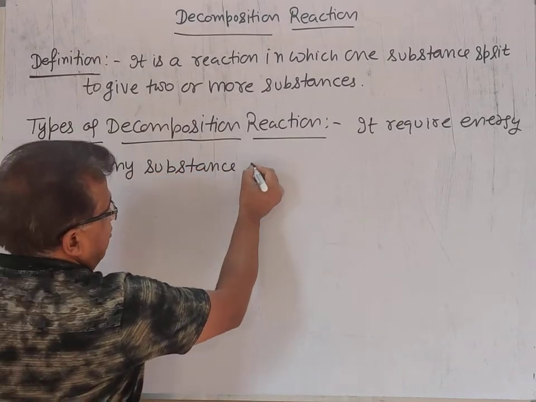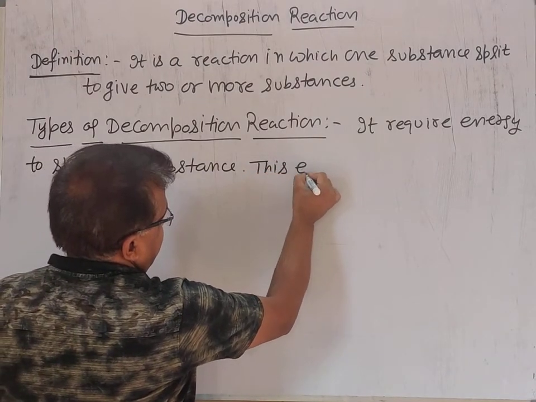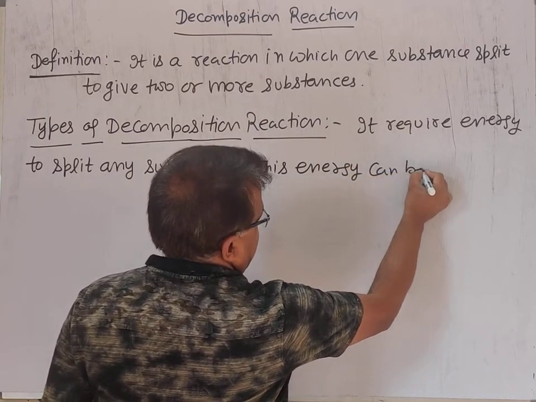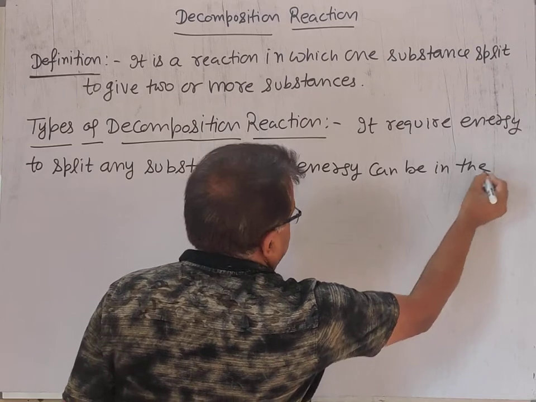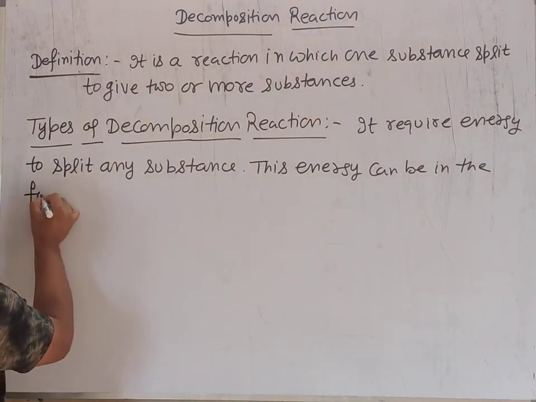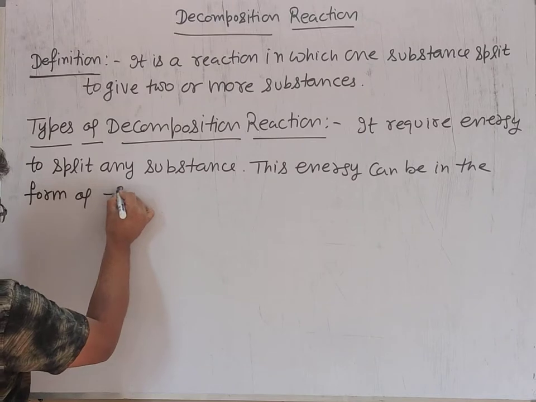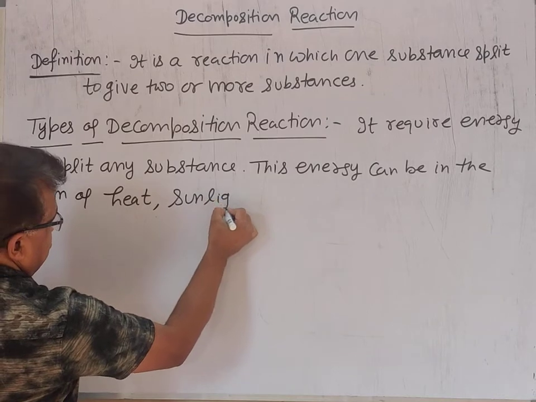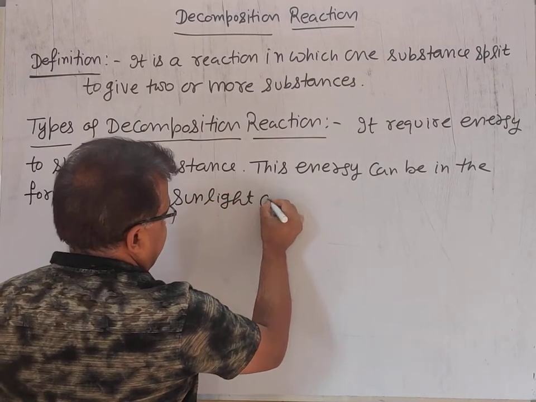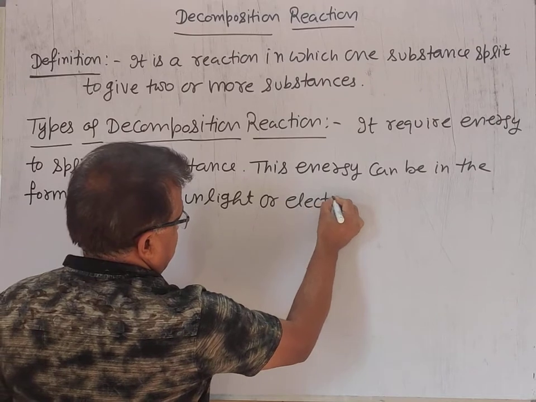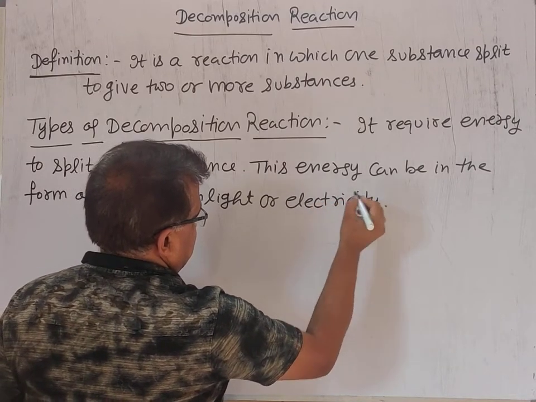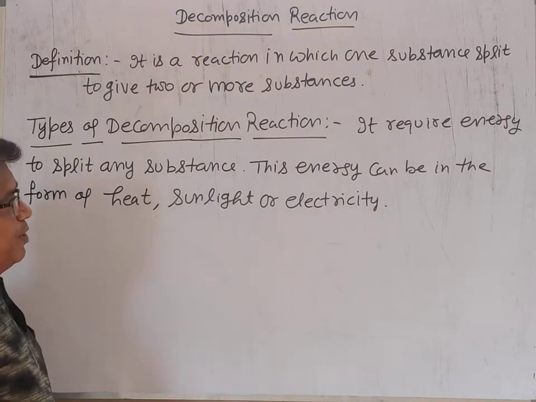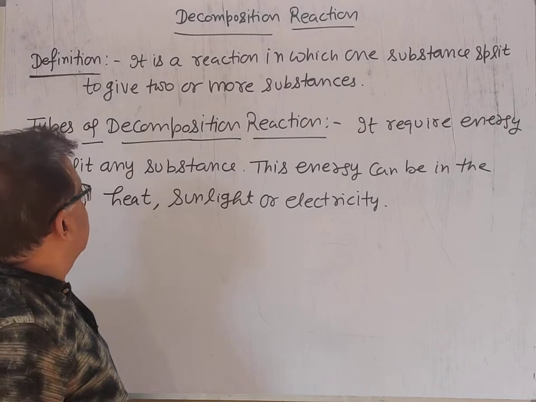This energy can be in the form of heat, sunlight or electricity. So depending upon the type of energy supplied to decompose or break the reactant, there are 3 types of decomposition reaction.